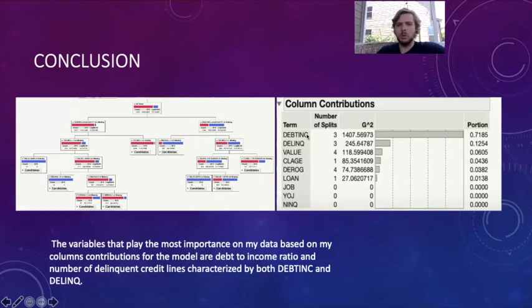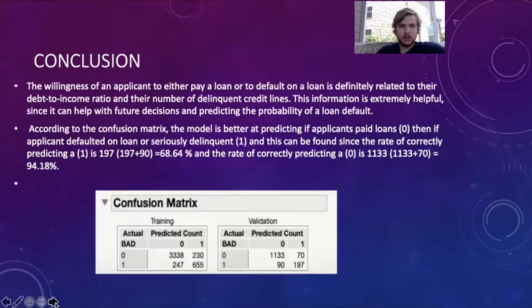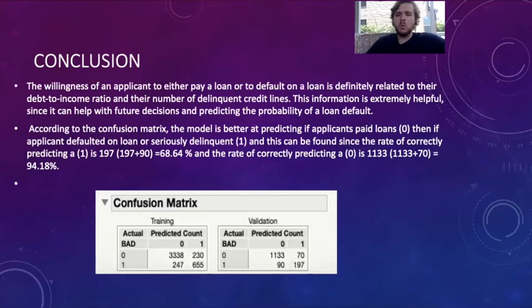We are going to go back here, and this is represented by DEBTINC and DELINQ. So this information is extremely helpful because when we do these types of analysis, we could see the major contributions to, in this example, let's say, willingness of an applicant to either pay a loan or to default on a loan.